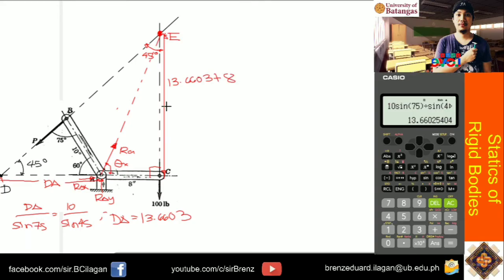Nga, since 45 angle yan, 45 triangle, di ba? Pag 45, 45 to, pareho lang tong side na to. Kung side x yan, side x lang din to. Okay? Properties ng triangle. Alam niyo yan. Plus 8 or that is equals to 21.6603.